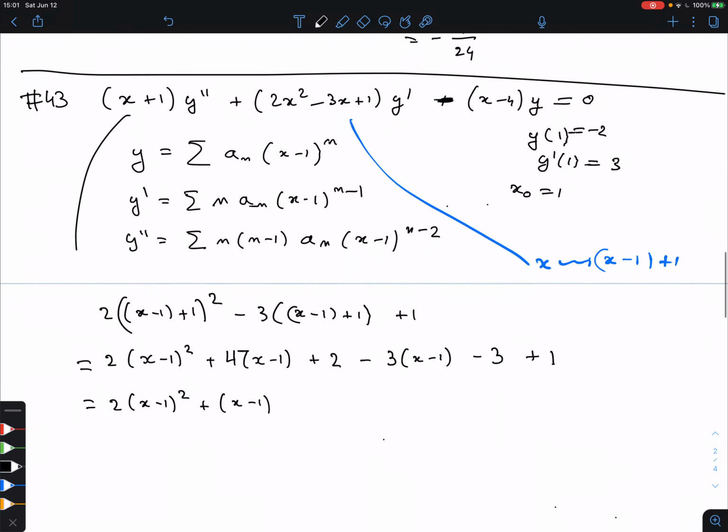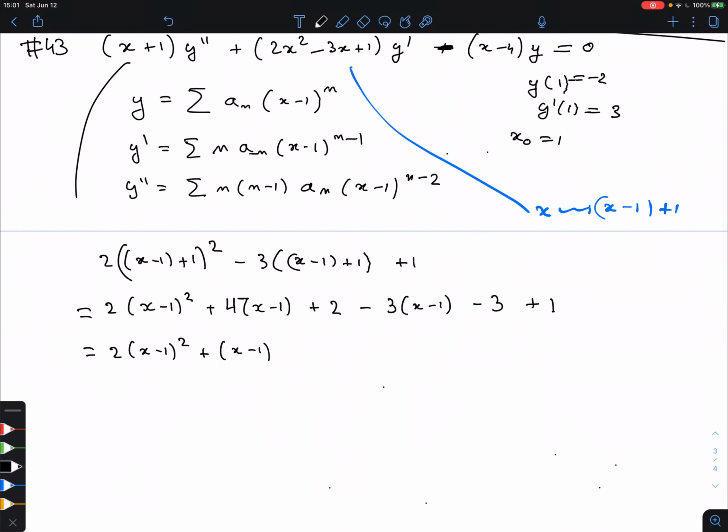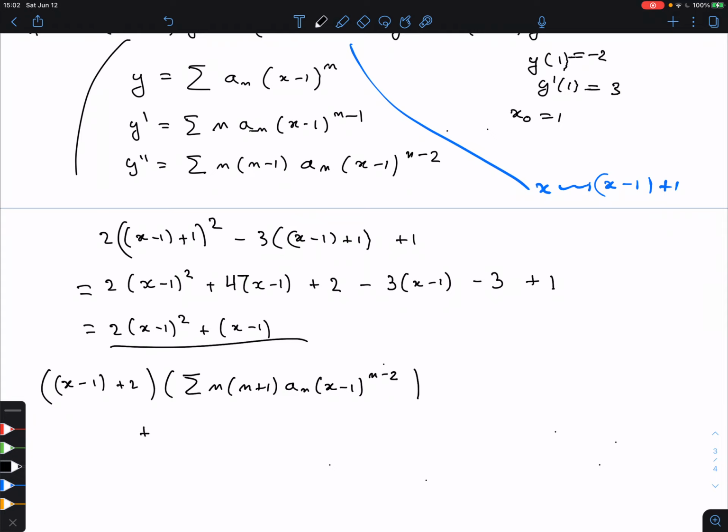Okay, so let's now write everything up. So we have x plus 1. Well, that is x minus 1 plus 2, right? And that we do the summation of n plus 1, a_n, (x minus 1) to the power n minus 2. Then we have this guy plus 2 (x minus 1) squared plus (x minus 1) times the summation of n a_n (x minus 1) to the power n minus 1.